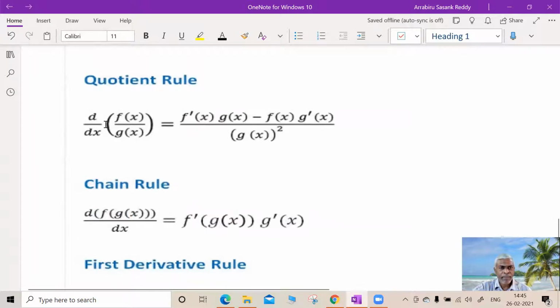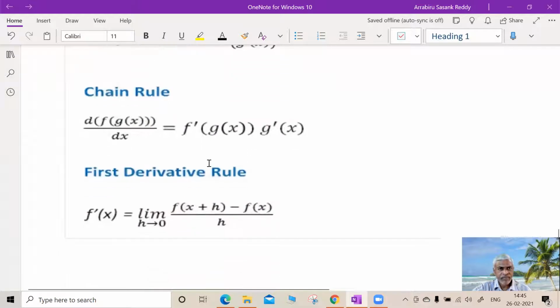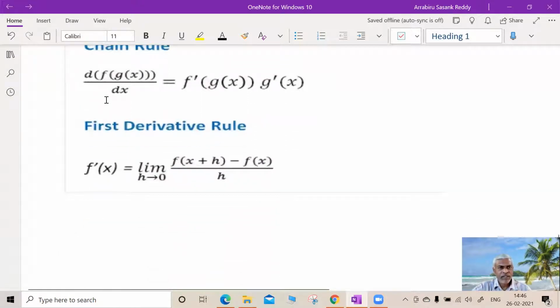Quotient rule: differentiation of f x by g x, where f and g are two functions, is f dash g minus f g dash by g square. Chain rule: differentiation of f of g of x is f dash g of x, and again differentiation of g of x.